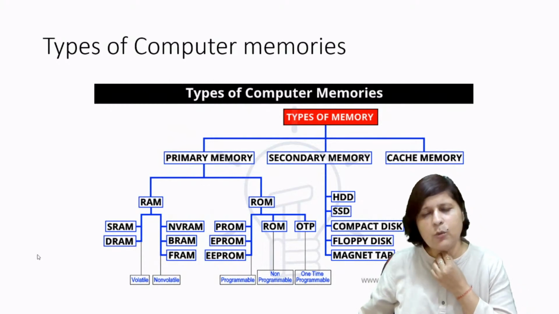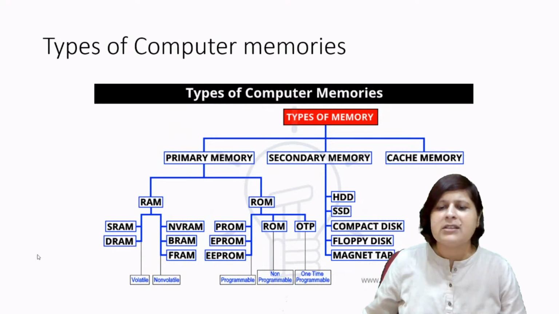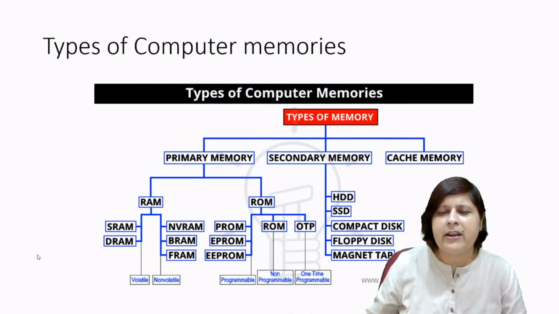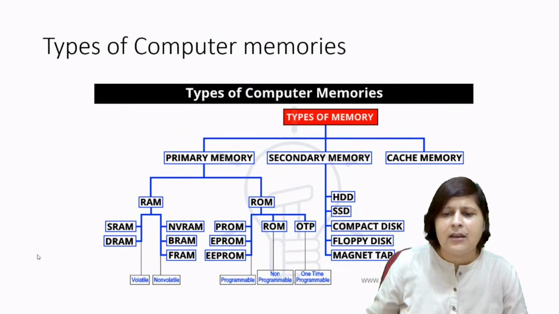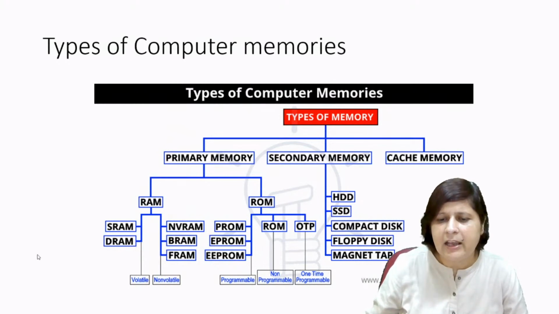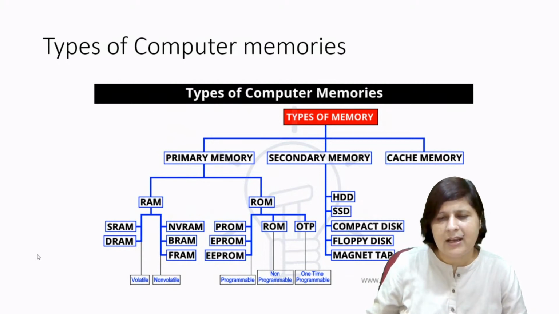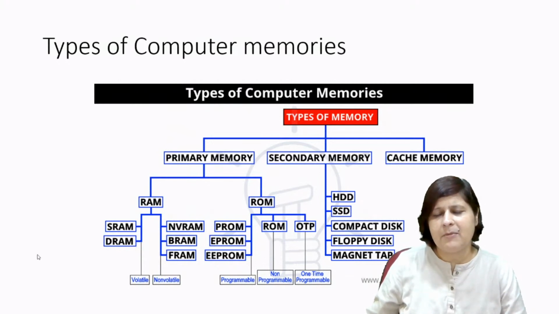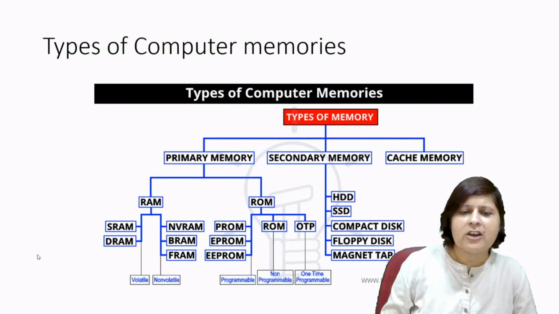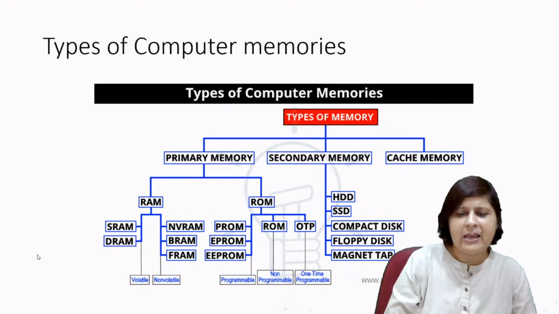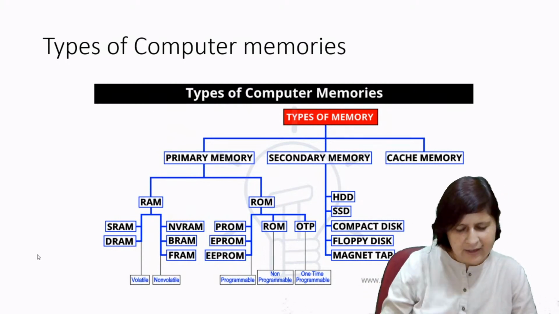OTP is one-time programmable ROM. Secondary memory includes your hard disk, compact disk, floppy disk, magnetic tape, and USBs. All these are secondary memories. And then comes the cache memory. So these are the types of memories.